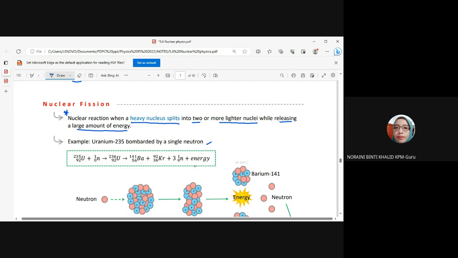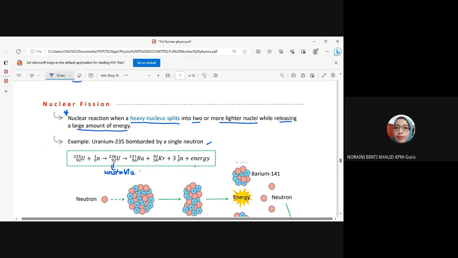Satu neutron bombard uranium-235. So dia akan jadi unstable. Dia akan jadi sangat unstable. So bila dia tak stable, dia akan lalu proses yang kita panggilkan sama ada decay ataupun fission. Okay, tengok pada elemen yang terlibat lah.